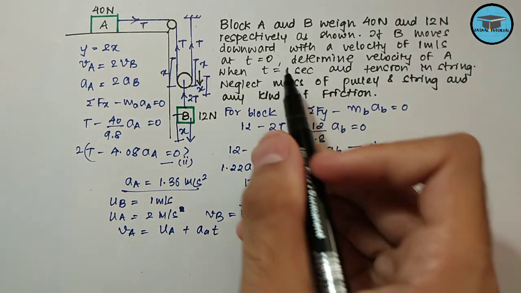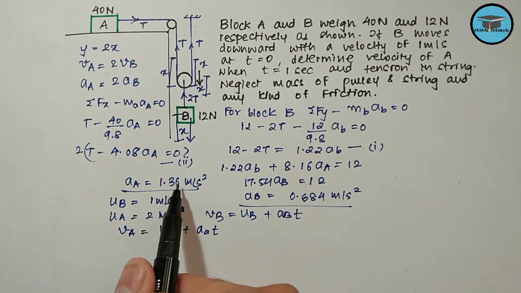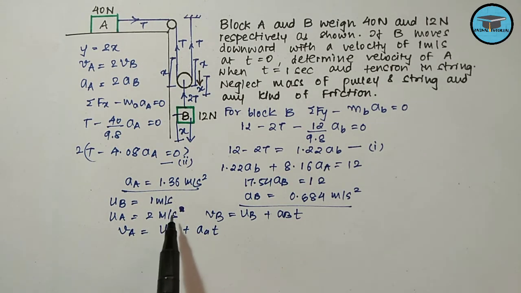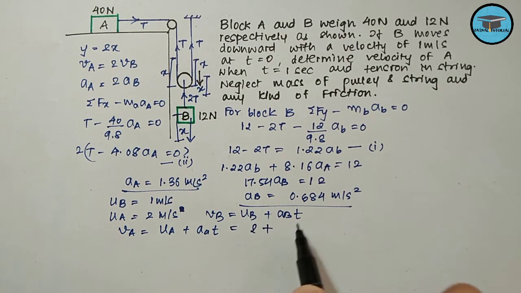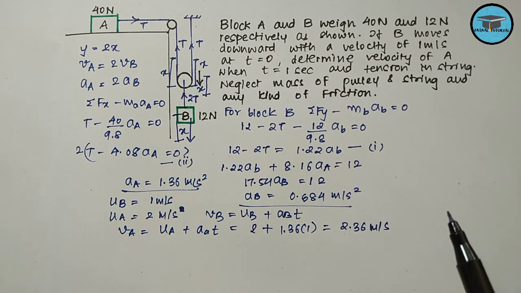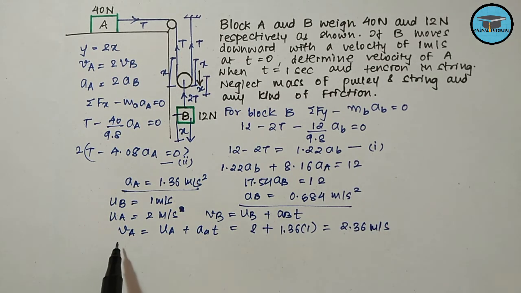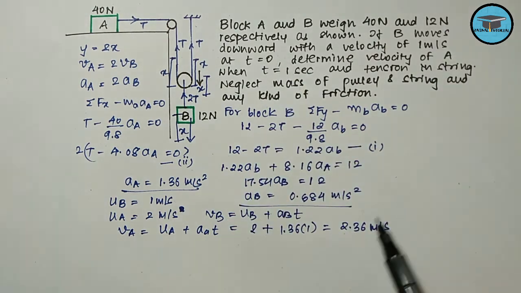Now time is known, that is 1 second. Acceleration of A that we have determined is 1.36 meter per second square, and u of A is 2 meter per second. So placing these values, we get 2 plus 1.36 into 1, which is 2.36 meter per second. So we have obtained the velocity of block A at t equals 1 second as 2.36 meter per second.